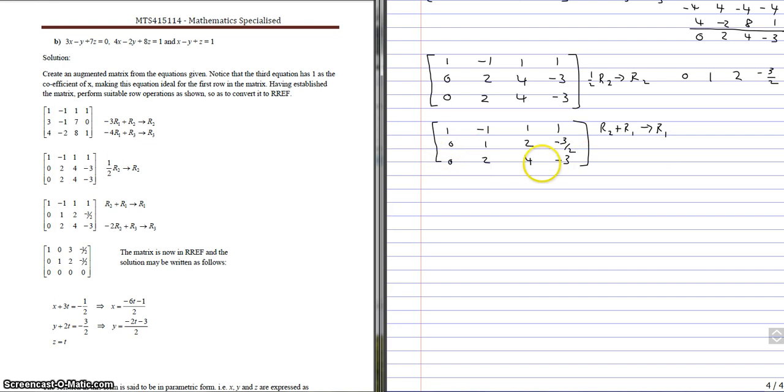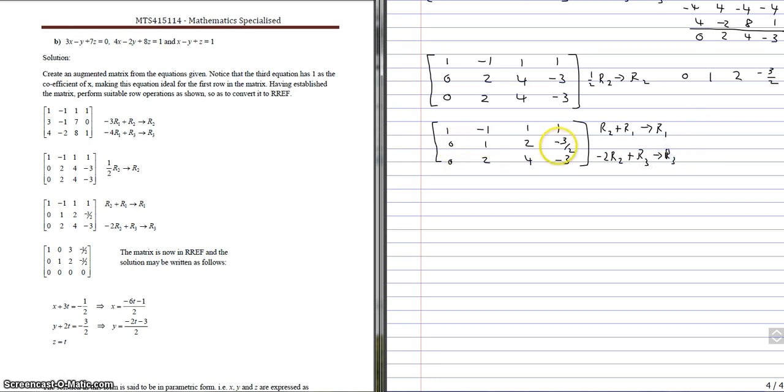On the other hand, for our third row we need to multiply row 2 by negative 2 and then add it to row 3. So we're going to go negative 2 times row 2 plus row 3 to give us our new row 3.